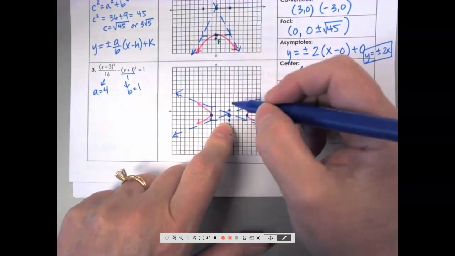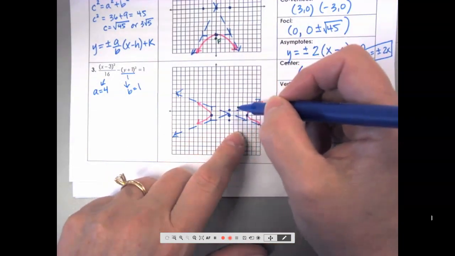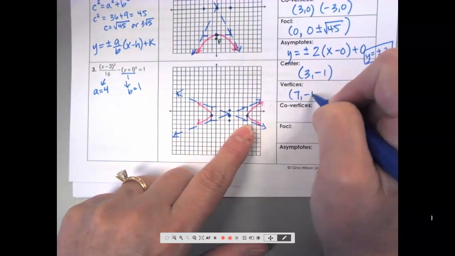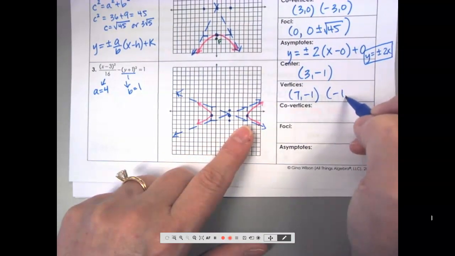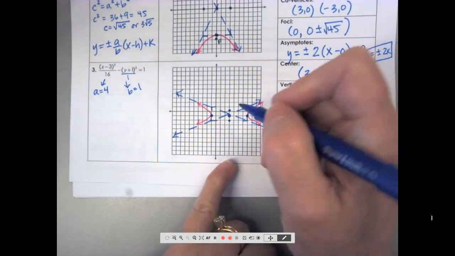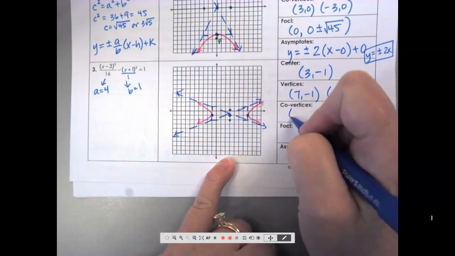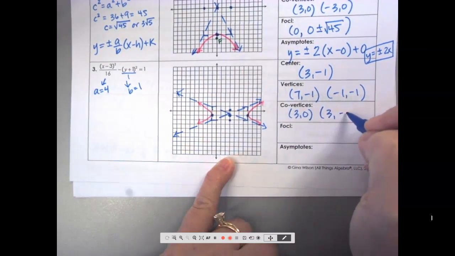Oh, it is 2. Never mind. Scratch that. 1, 2, 3, 4, 5, 6, 7, -1. And -1, -1. Okay, the co-vertices are these two right here. So that's 3, 0, and 3, -2.